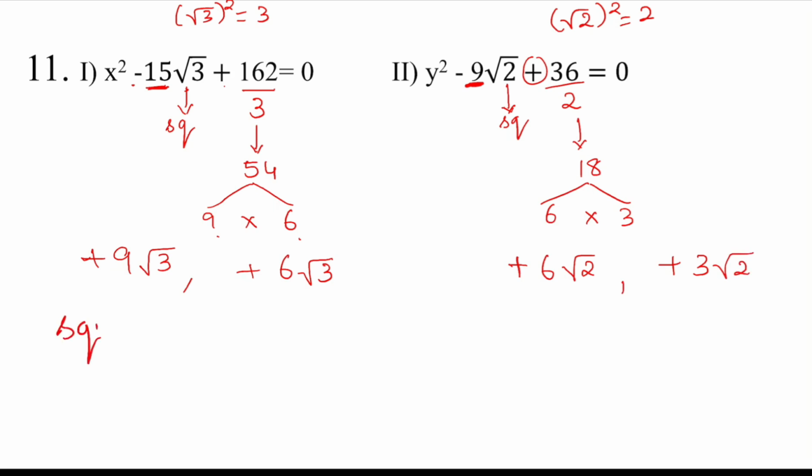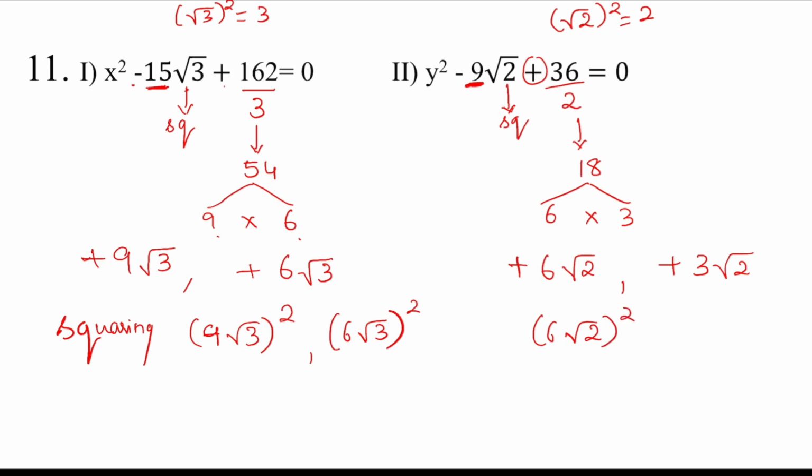Now what we have to do, squaring on all the sides, okay, squaring everywhere. So what it will be, 9 root 3 the whole square, 6 root 3 the whole square, 6 root 2 the whole square, and 3 root 2 the whole square. So it will be 9 2s are 18 into 3 is 54, 6 2s are 12 into 3 is 36. So it is plus here, okay.